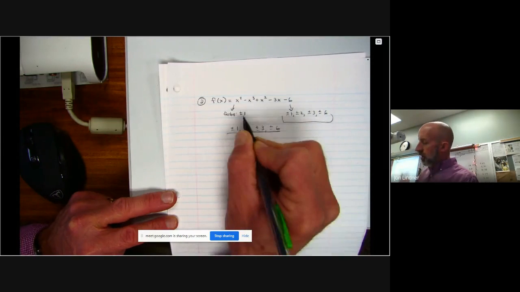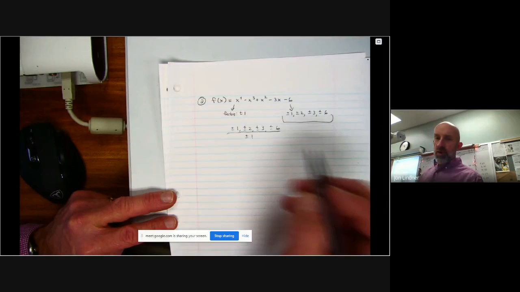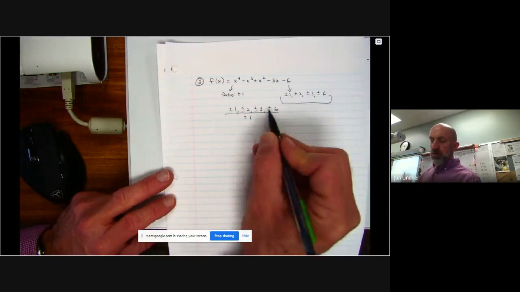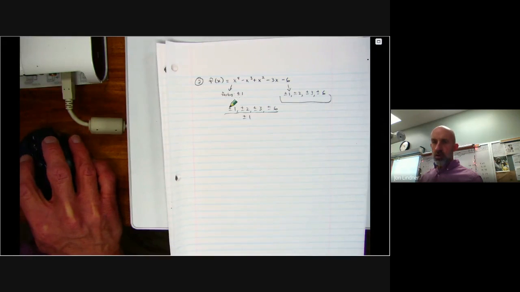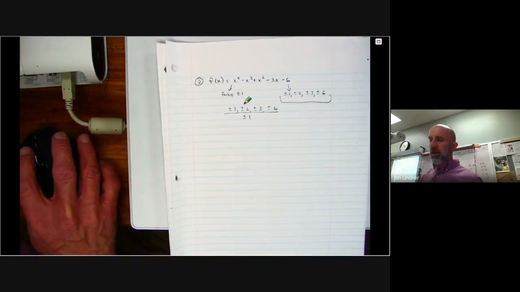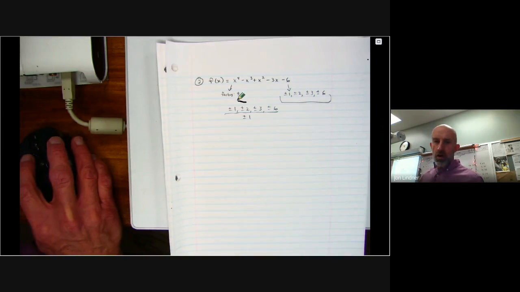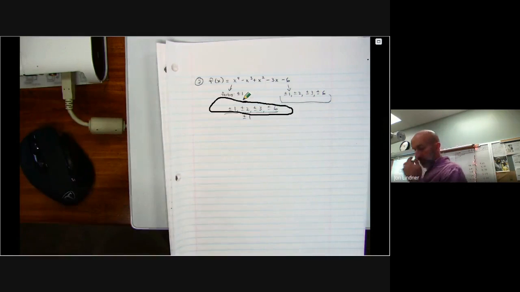And because the bottom number is the factors of the leading coefficient, all of my possibilities are just the top numbers. So all I really need are those numbers right there, all right?